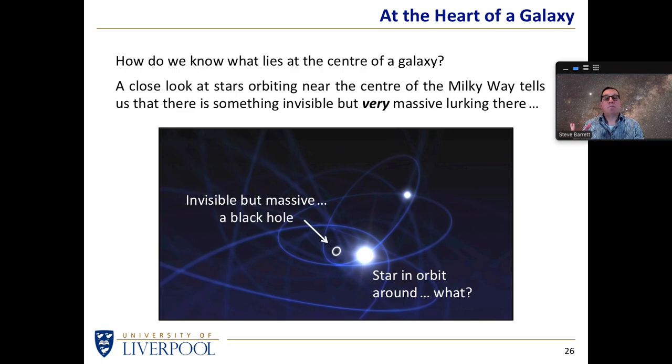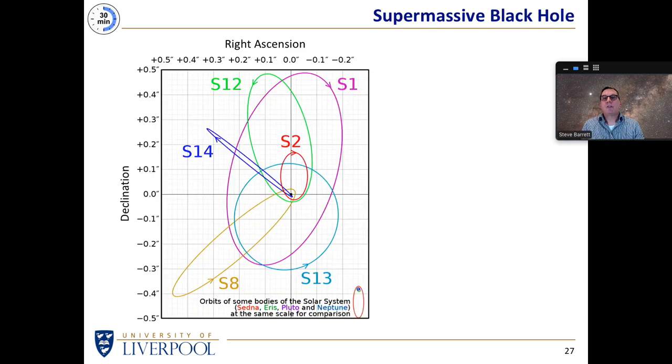Invisible but massive, that sounds like a black hole. So for some years, the stars at the centre of our galaxy have been monitored, and various stars have been tracked over a period of about a decade or so, and they've been observed to follow elliptical orbits.